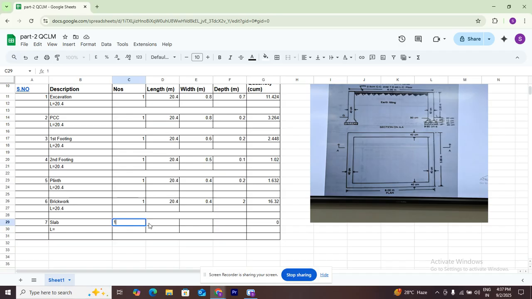It's one number. What is the length? 6 meters. And the width of the slab has been considered as 5, as given in the plan section. And the thickness of the slab is 150 mm, that's why 0.15. We need to multiply here.